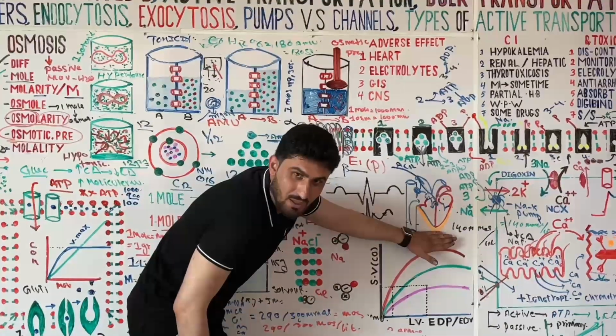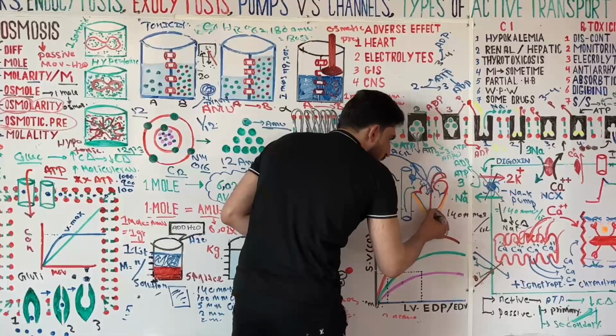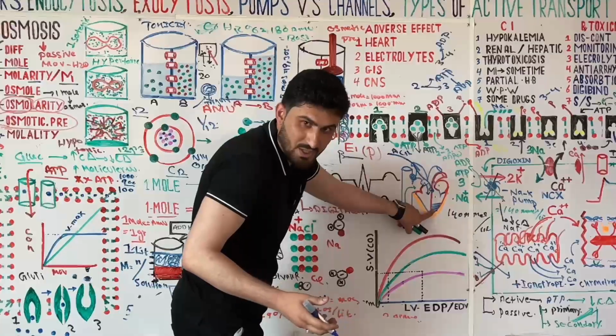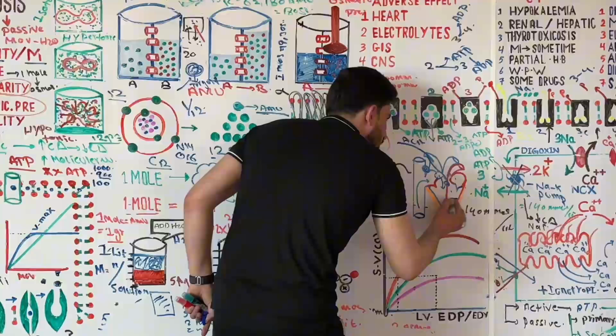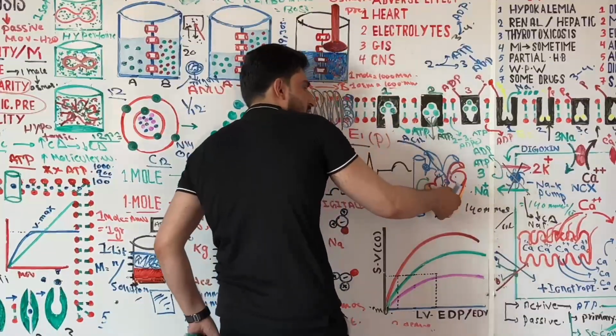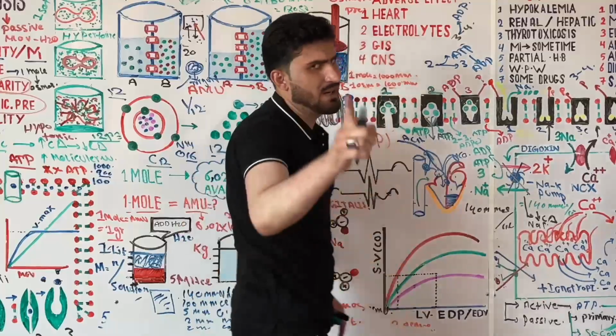According to Laplace's law, if you put more blood within the ventricle, filling the ventricle more, you will get a lot of cardiac output. What is cardiac output?